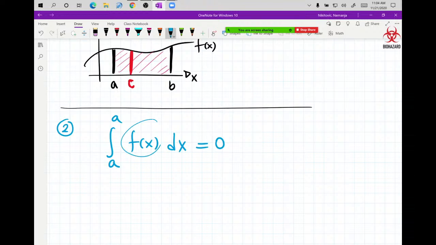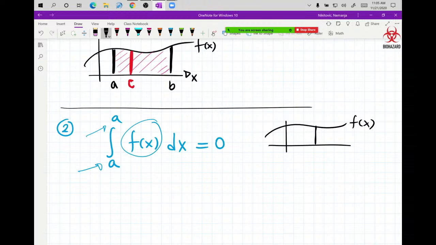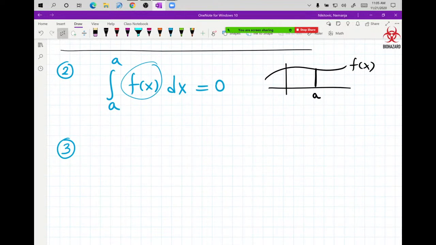Your height is given by f of x, but your thickness is given from a to b. But if it's a to a, there's nothing to compute, because your graph, here's your function f of x, is just this, a. So what is the area under the curve at a? It is 0, because there's no thickness to it. So there's nothing to compute. That's a silly one. We still have to write it.